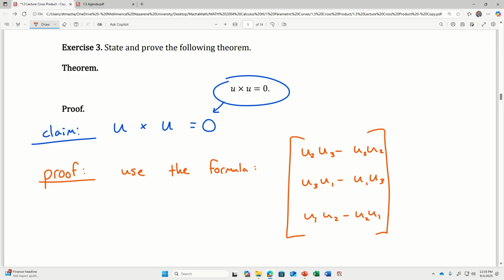Every entry is going to be 0. So whenever I write u cross u equals 0, what I really mean is that this is the 0 vector. This is a vector that has three 0 entries. All good?